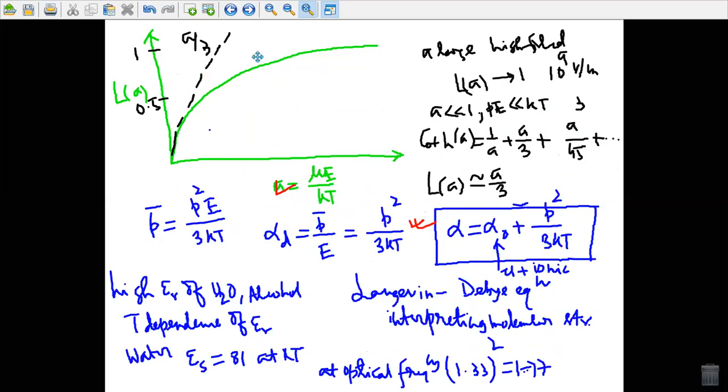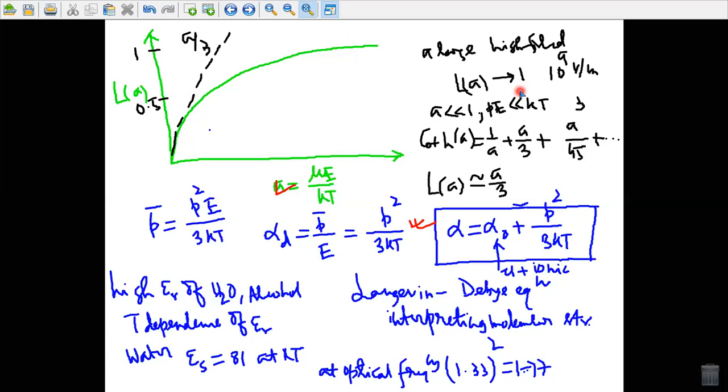That is, when a is large, a is pE upon kT, that is either when E is large or when T is low, right? Or at high field strength or low temperature, this function approaches the saturation value unity like this. So this corresponds to the maximum alignment of the dipoles along the direction of the field.